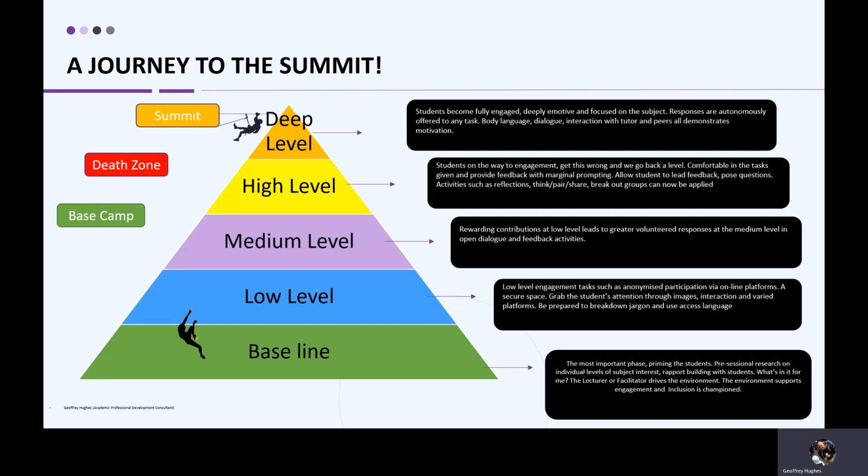What opportunities do you provide students to perform? So from a baseline perspective, we need to make sure that we've got things like pre-sessional activities for students to interact with. We've got some pre-sessional research. Maybe we've got some elements in there, a bit of profiling from the students that we've had chance to. But fundamentally, we're going to use this time to build rapport with students.